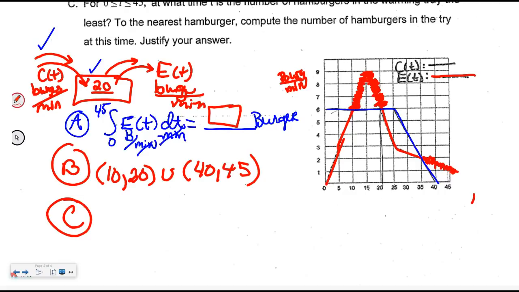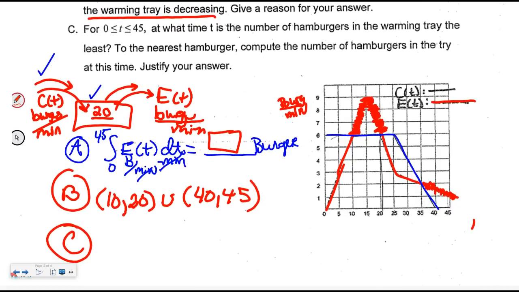So for part C, it says, at what time is the number of hamburgers in the warming tray at the least? Questions like this would be considered an absolute minimum. So what I really need to do is figure out, well, what's my function? I need to know how many burgers are going to be in the tray.